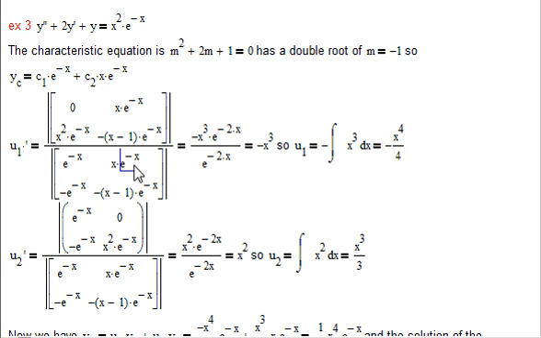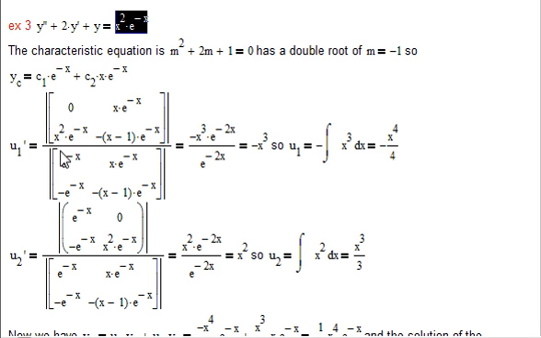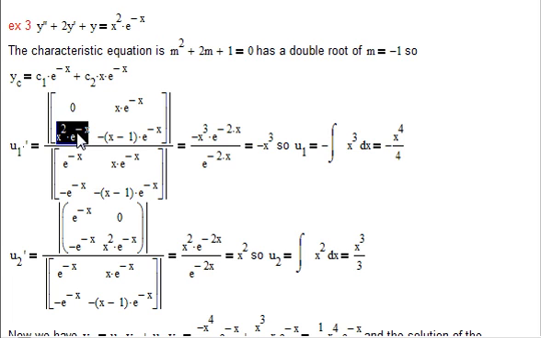And when you multiply this by this, you get e to the negative 2x times positive x. The positive x and this negative x cancel out, so we just wind up with 1 e to the negative 2x.